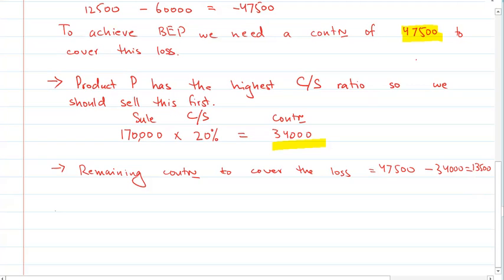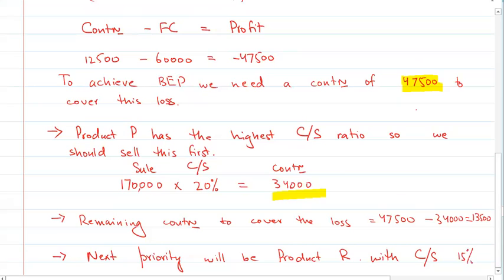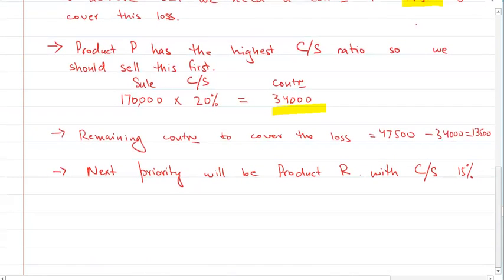The next priority will be product R, with a CS ratio of 15%.